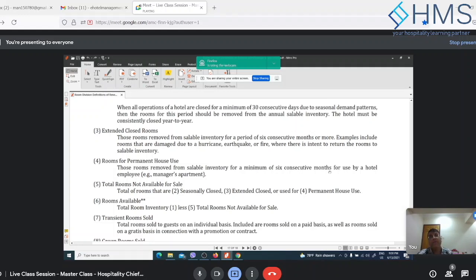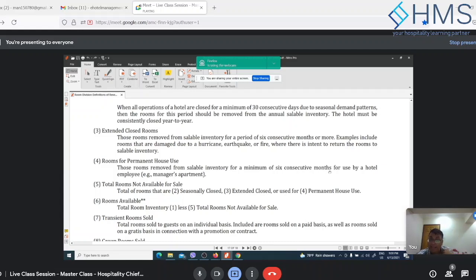Because, let's say for example, the GM's bonus is based on RevPAR, right? Definitely he would like to remove every out of order room, because less available inventory means higher RevPAR. If his bonus is tied to achieving $100 RevPAR, then with every out of order room or closure he would like to remove it from the inventory.